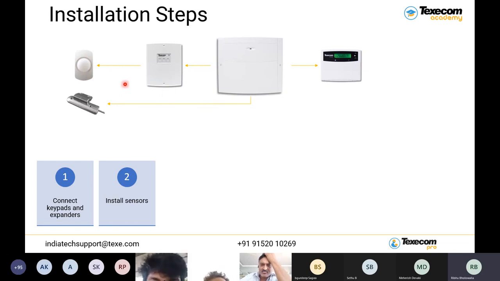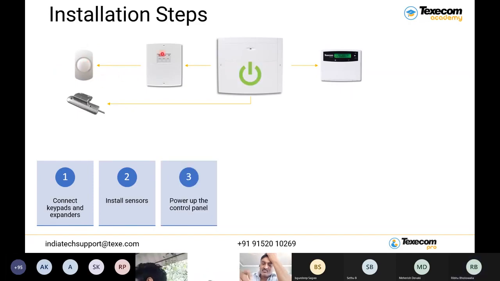But after connecting the expander and the keypad, the second step is to connect all your wired sensors. After that, you power up your control panel. Powering up always comes at number 3.